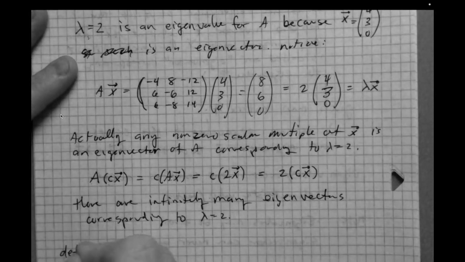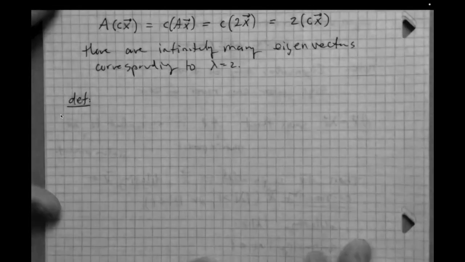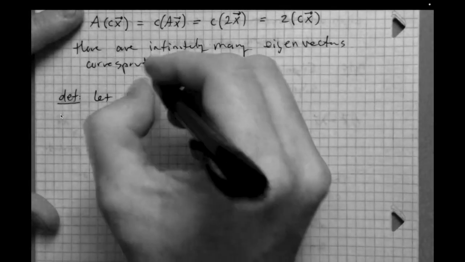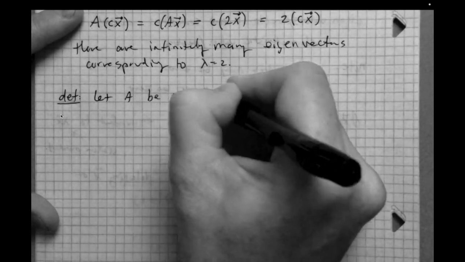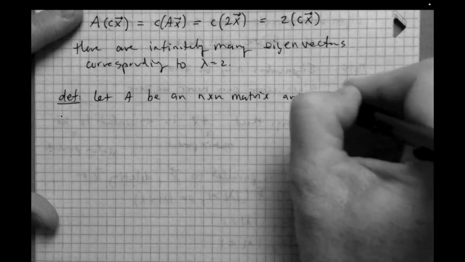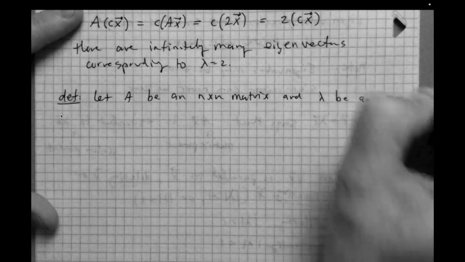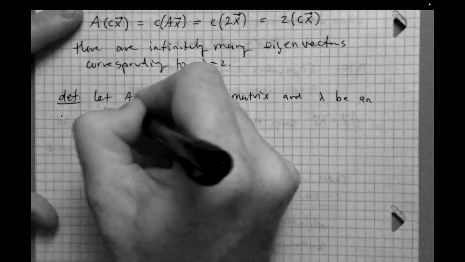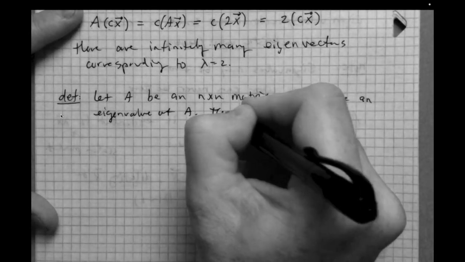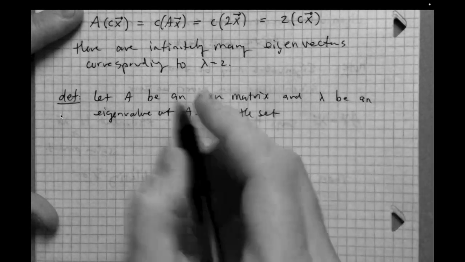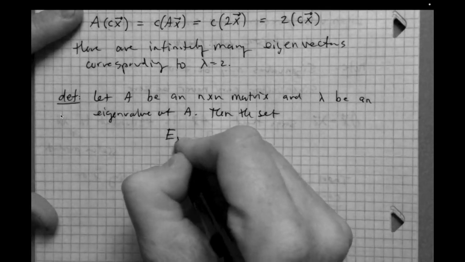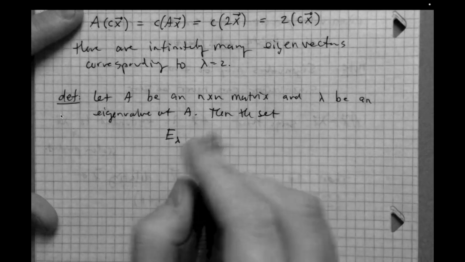Right, and so let's define what we mean by the eigenspace. So we'll let A be an n by n matrix, and lambda be an eigenvalue of A. Okay, then the set, and here's how a lot of times it's denoted as just a capital E with a subscript lambda, whatever the eigenvalue happens to be.